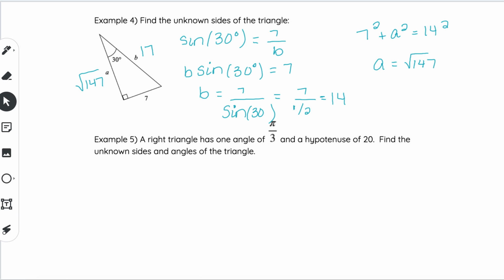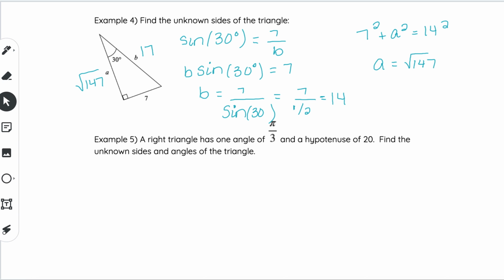So just because we use sine here, you may have wanted to use cosine. However, cosine is adjacent over hypotenuse, and we didn't have the adjacent side or the hypotenuse, which is why I chose to use sine, because I knew one of the two so that I could utilize it effectively.